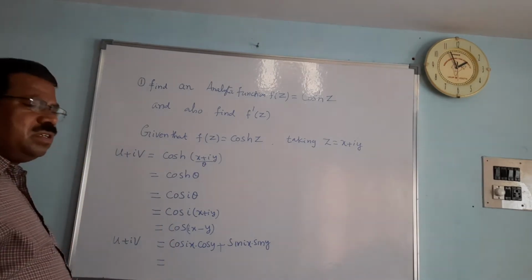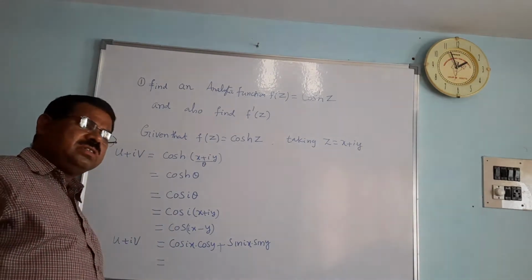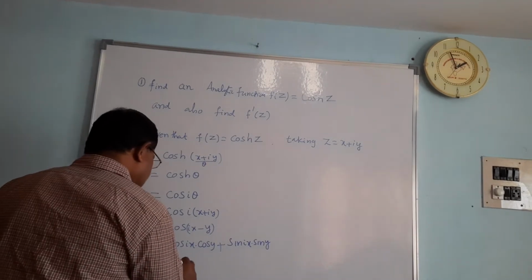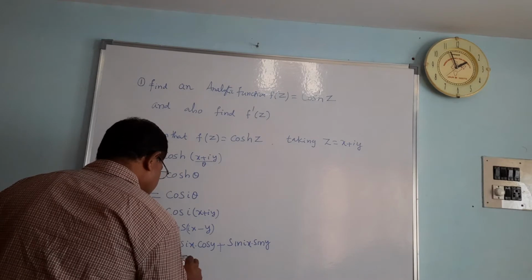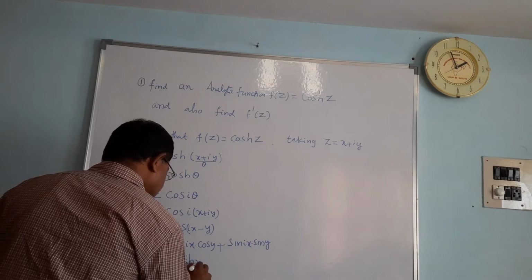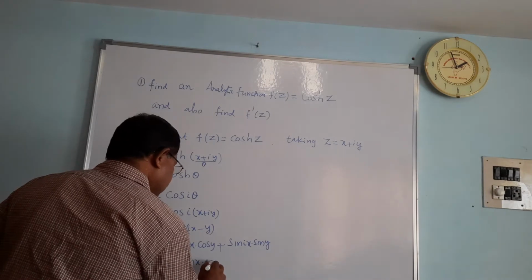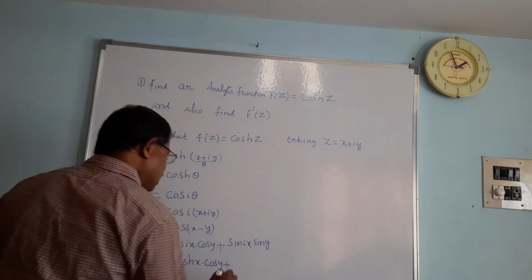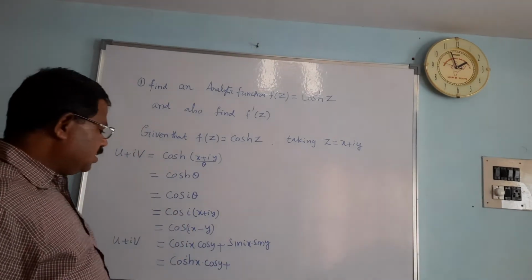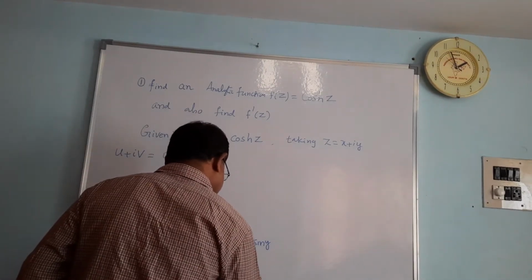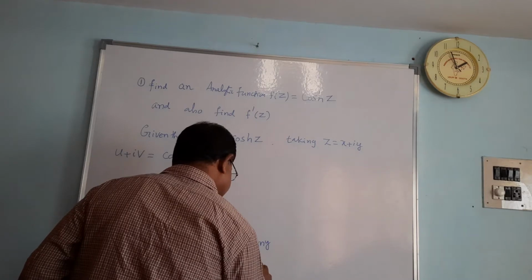Already we have done problems using this. What is cos ix? Cos ix means cosh x, right? Cos y plus sin ix means i sinh x, sin y.